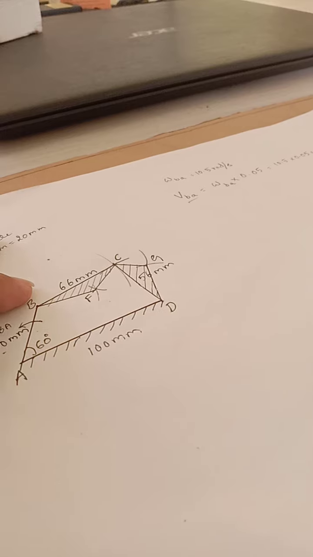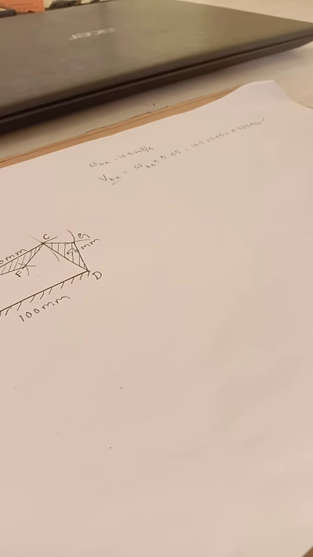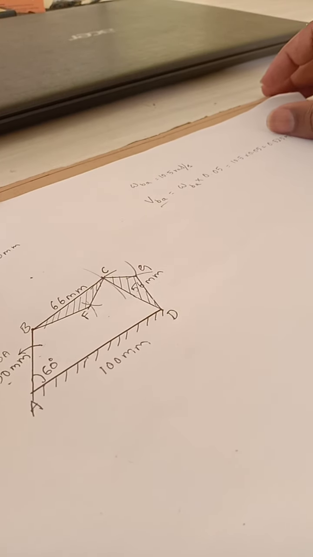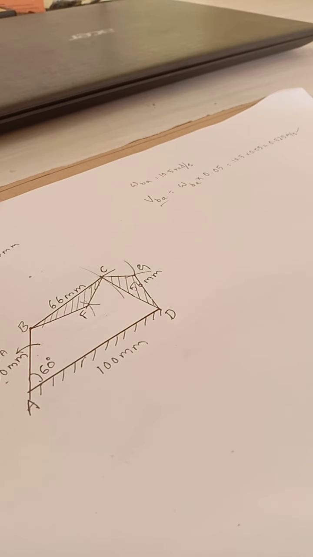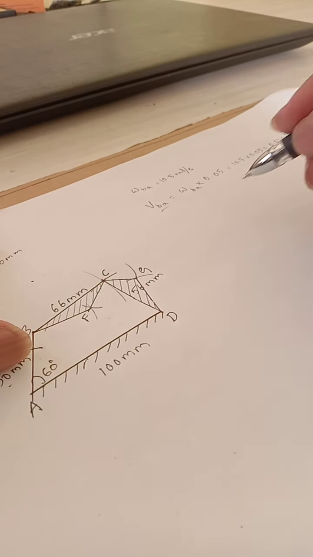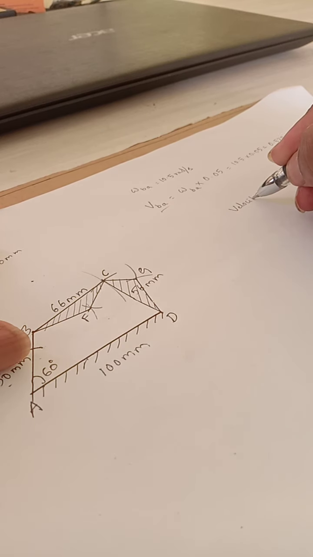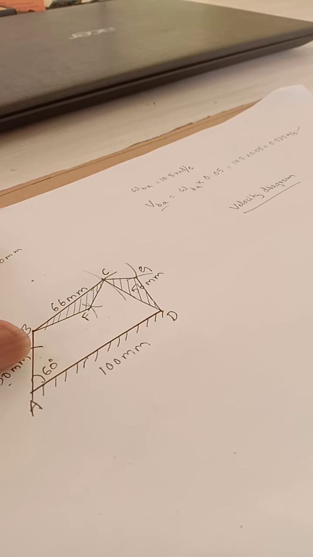So using this, now I am going to draw the velocity diagram, with the help of the configuration diagram and these calculations. The velocity diagram is also called the velocity triangle.